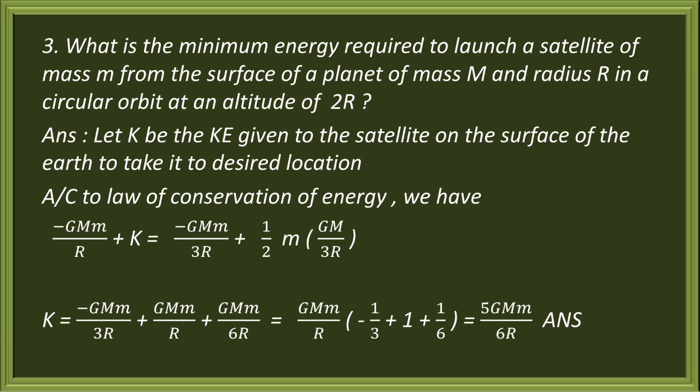So after taking the total energy on the surface of the planet, that is potential energy plus kinetic energy, it can be written as minus GMm by R plus K, and the total energy at the desired location is minus GMm by 3R plus half m GM by 3R. From here we can calculate that K equal to 5 GMm by 6R.